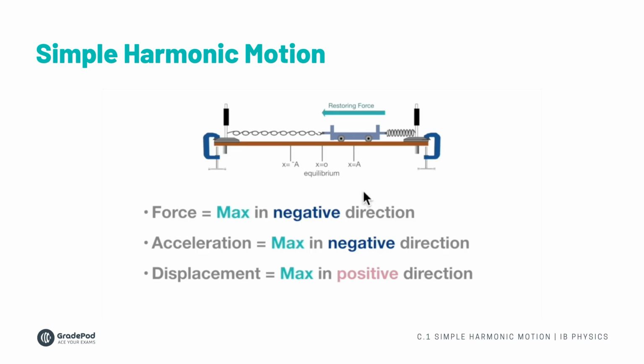If the force is in that direction, then the acceleration of the cart must be in that direction as well. So we have a maximum acceleration towards the equilibrium. By contrast, the displacement is positive, and it's still maximum, and that is in the opposite direction to the acceleration.